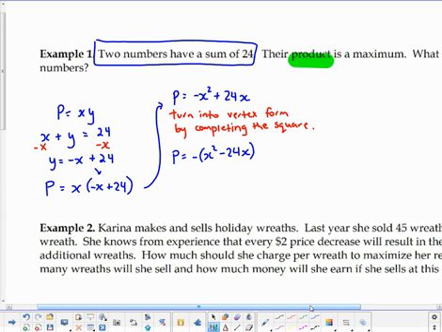Now, we take that negative 24, and what are we going to do to it? Divide it by 2, and then square it. So 24 divided by 2 is 12. 12 squared is 144. So we're going to add 144 and subtract 144.